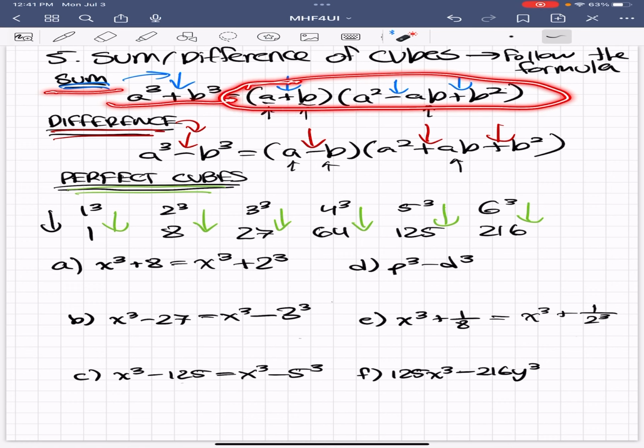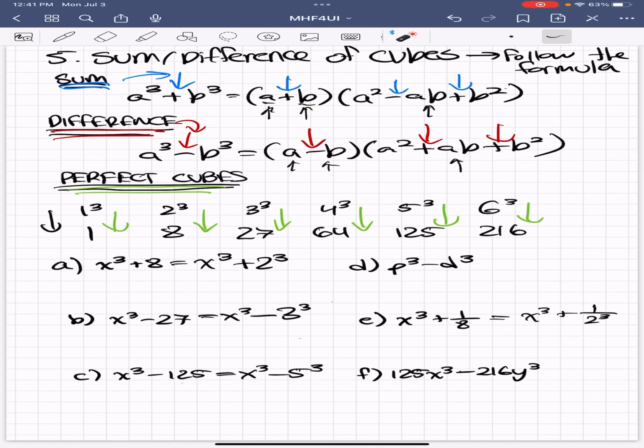You follow this formula when it is a to the power 3 plus b to the power 3. You notice the operational signs that I'm highlighting. Make sure you know where the correct operational sign goes. There's a positive, a negative, and then a positive.